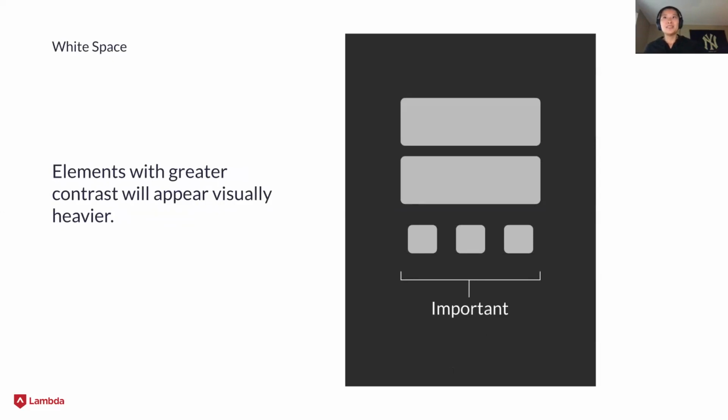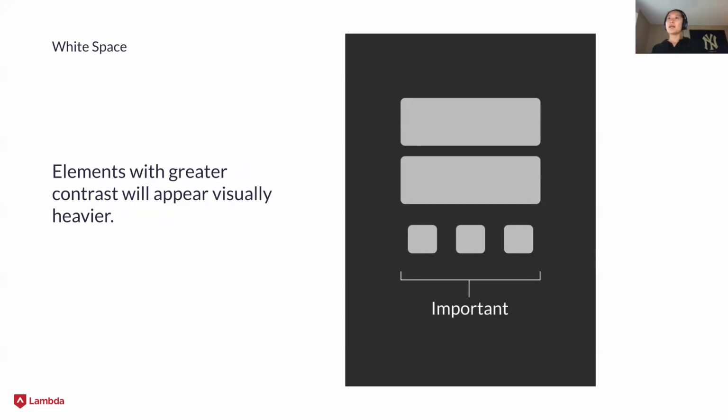This next one is really important. So along with size, we have white space, and that is going to be one way to use spacing. White space is not always literally white. It's going to refer to the negative space around an object. So like we see here, we have a lot of negative space between all of these three components on the bottom.